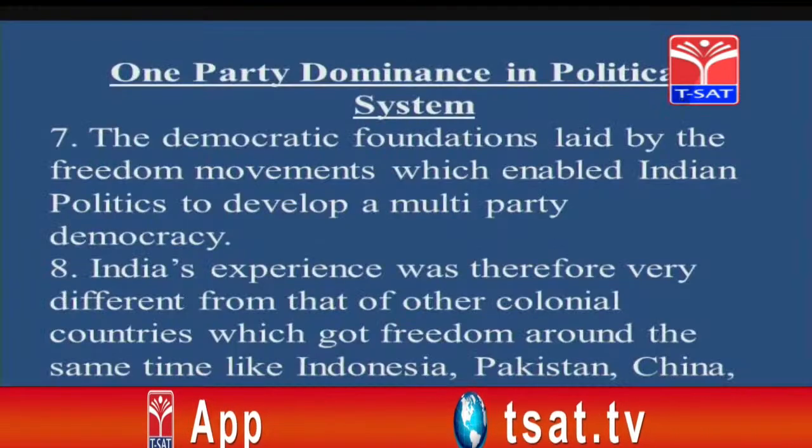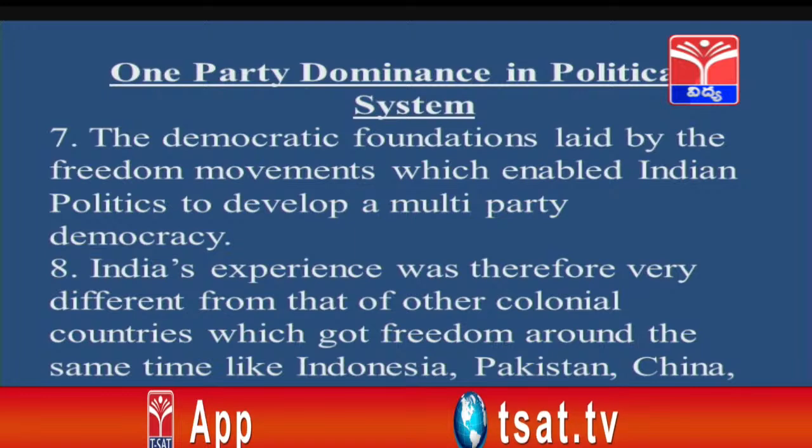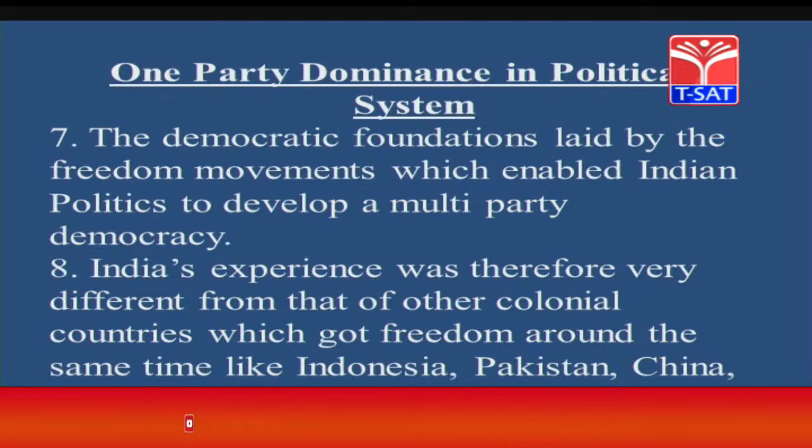Till 1967, no other party could compete with Congress, but after 1967, Congress had a major setback because it could not win most of the seats in the other states due to various reasons. The democratic foundations were laid by the freedom movement, which enabled Indian politics to develop a multi-party democracy.